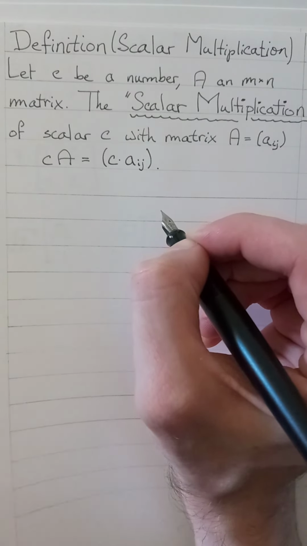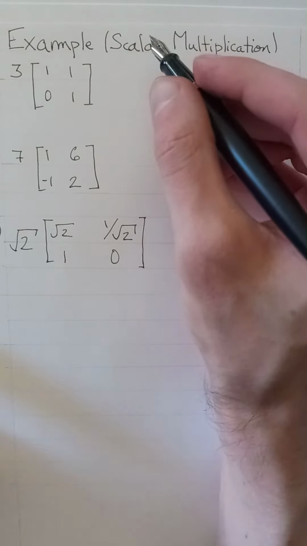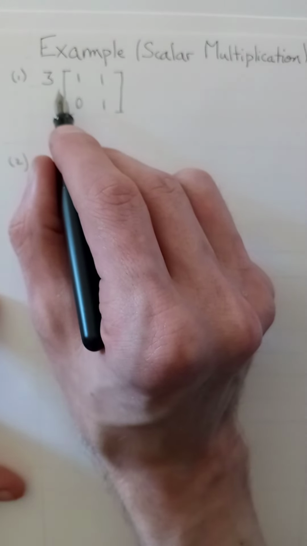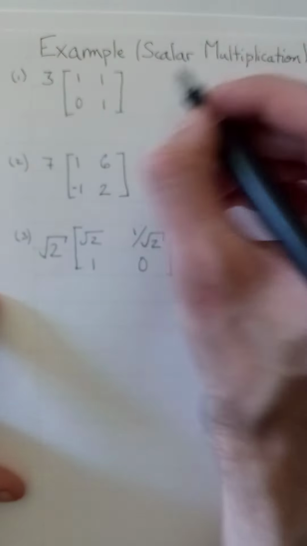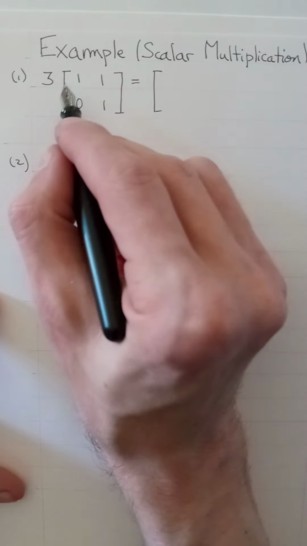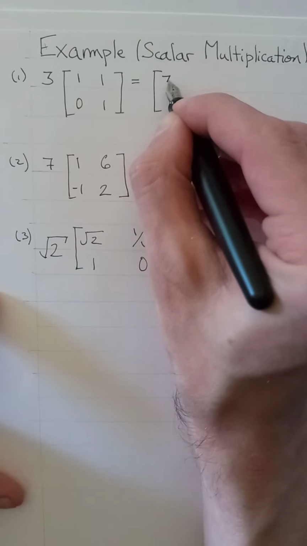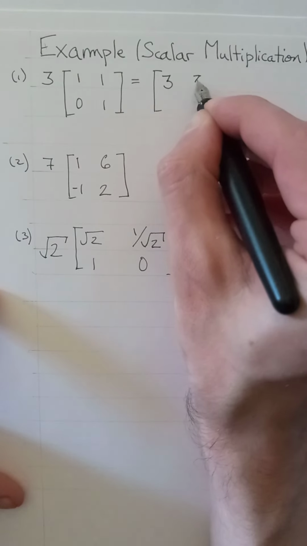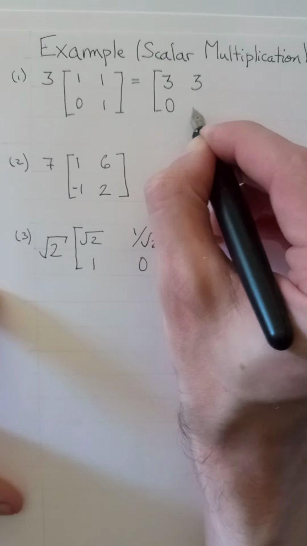So let's see a few examples of this. 3 times the matrix with all the ones everywhere except in the lower left corner. And this is the same thing as multiplying every component by 3. So 3 times 1 is, that's right, 3. And similarly, 3 times 1, 3. 3 times 0, yes, 0 times anything is still 0 here.